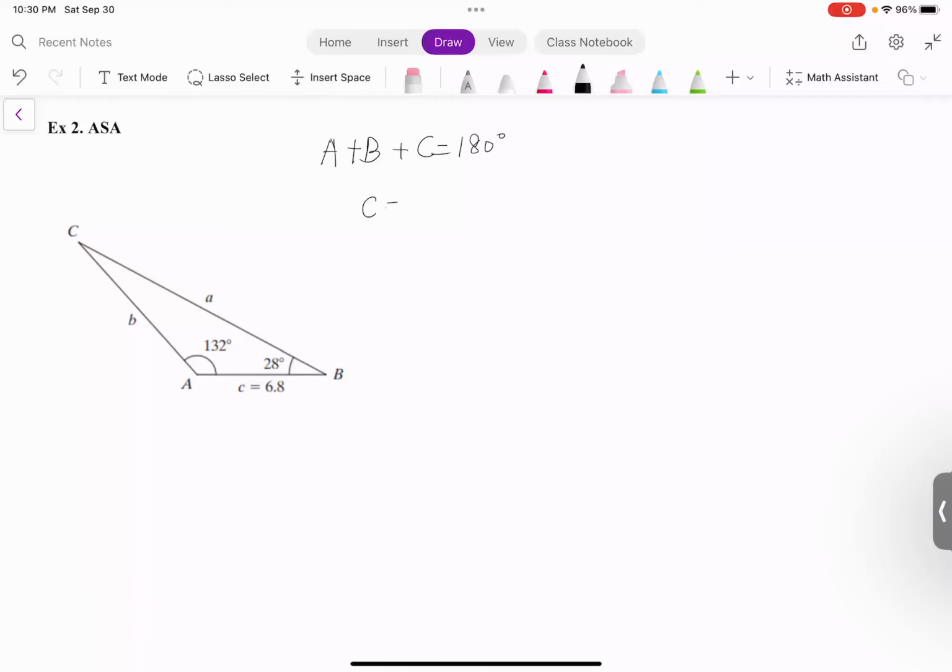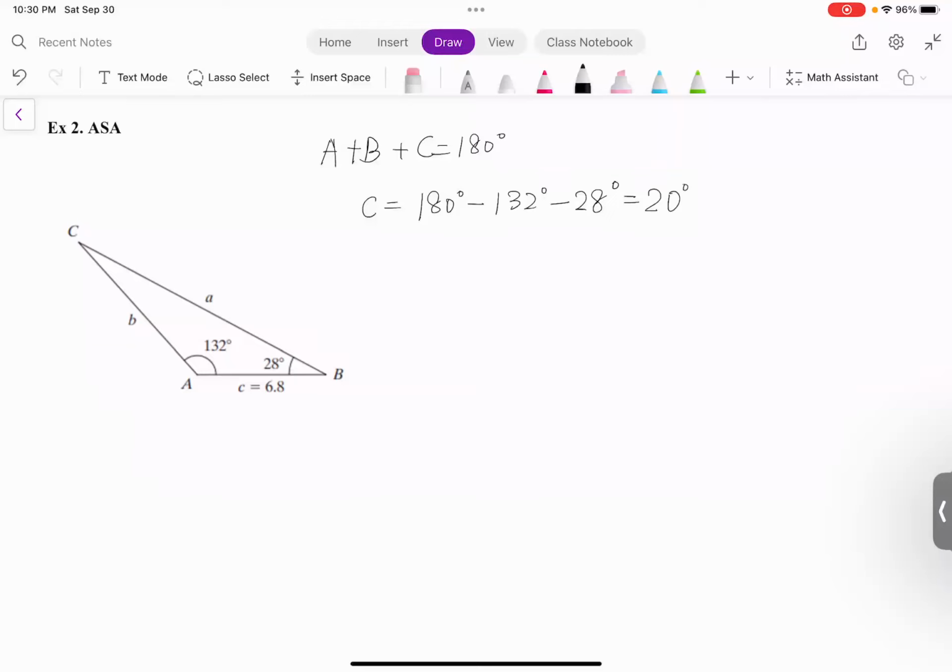So looking for the C, that is 180 degrees minus A, which is 132 degrees, minus B, which is 28 degrees. So we can use a calculator to find this is 20 degrees.